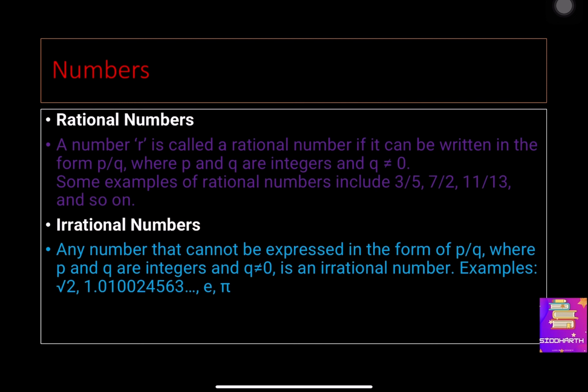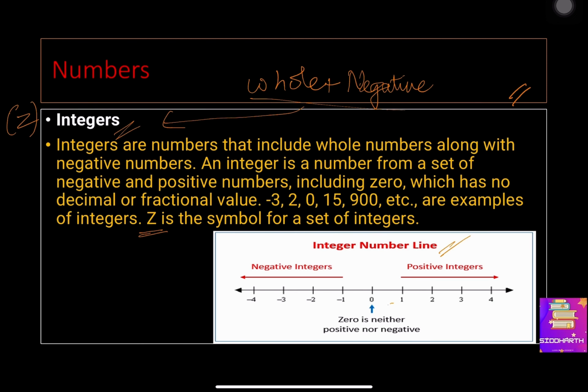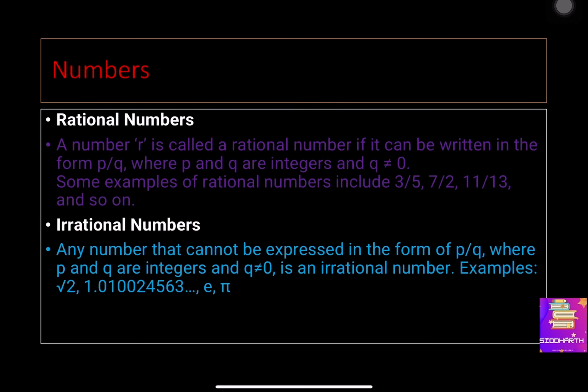So here you can see the integers number line. From here you have positive integers. From here you have negative integers, up to infinity on both sides. 0 is neither positive nor negative. Now next, rational numbers. P by Q form, where Q is not equal to 0.